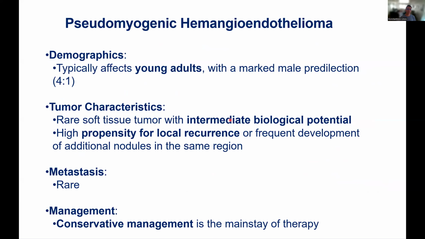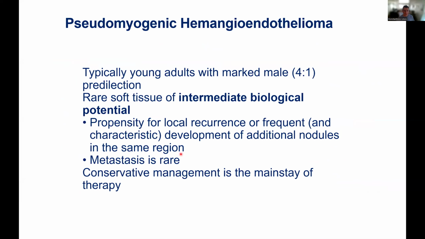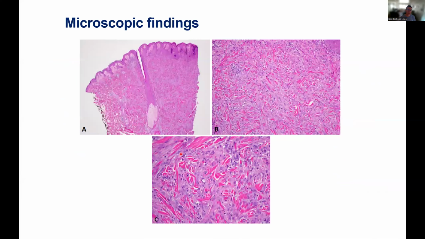Diagnostic tool 5, pseudomyogenic hemangioendothelioma, intermediate biologic potential, propensity for local recurrence, but rarely metastasizes. It looks like cellular benign fibrous histiocytoma, perhaps, if you see that at 1X very fast.